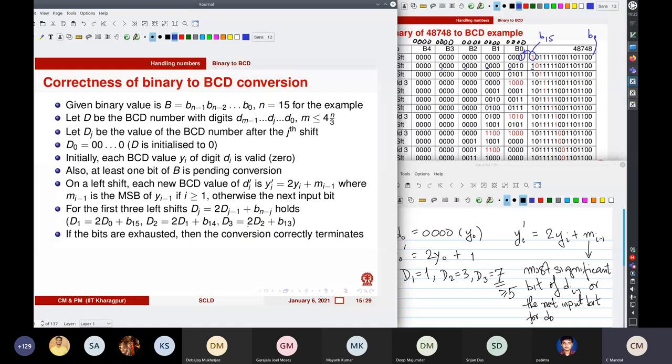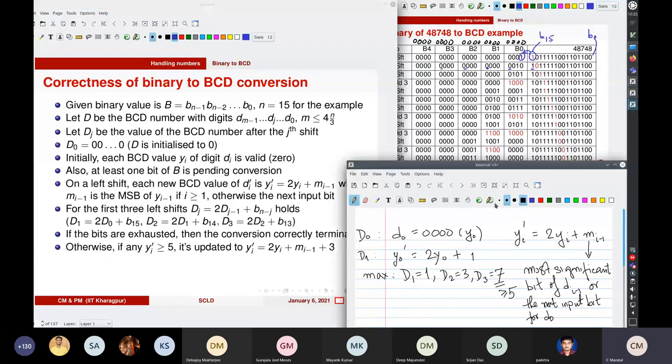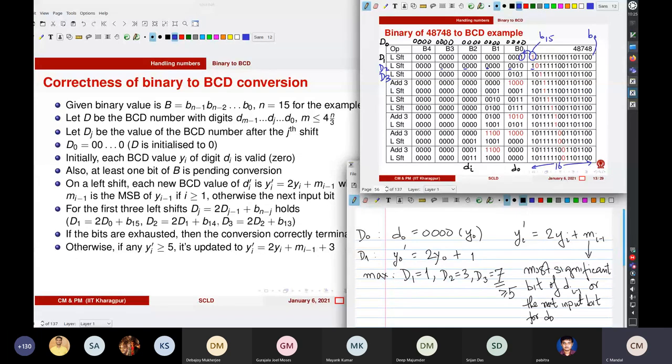Let us see what happens if you carry on. What you check is that if the new value is greater than or equal to 5, as in this case, you update it, because you are going to add 3.